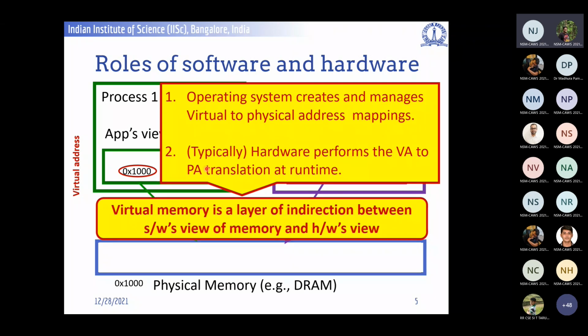So who decides what physical address a given virtual address of a given process is mapped to? That is decided by the operating system, which manages all these mappings, while typically the hardware is responsible for looking up the mapping that the operating system creates and translating virtual addresses to physical addresses at runtime, when the loads and stores are actually happening.